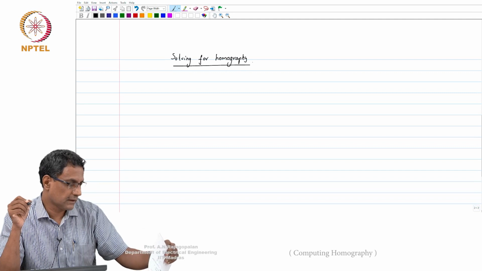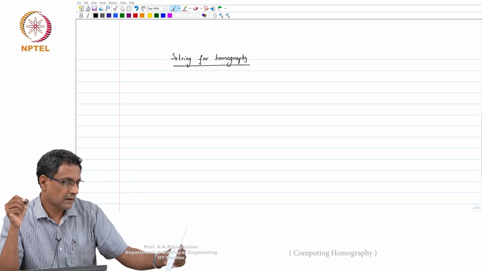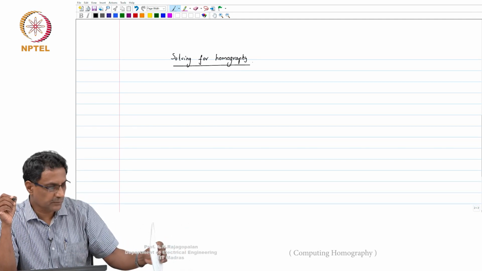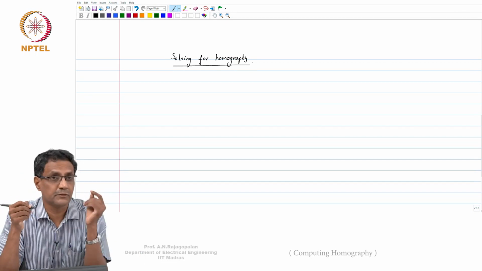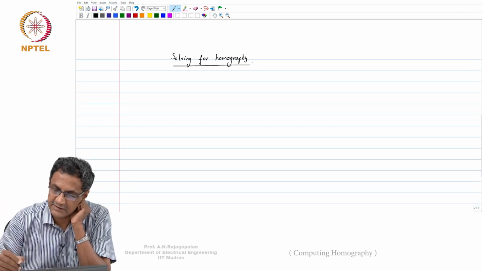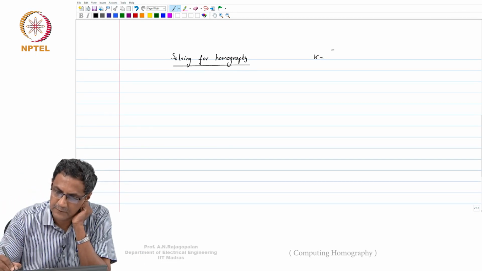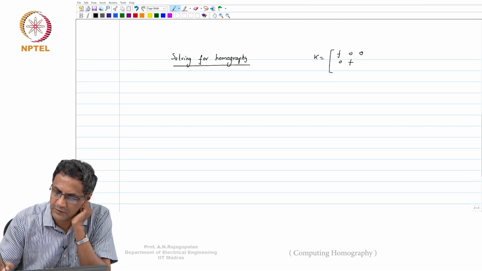And one more thing, let me just mention that. I'll also mention this intrinsic camera parameter matrix. See this K that we had taken, we had said that it is f 0 0, 0 f 0, 0 0 1.